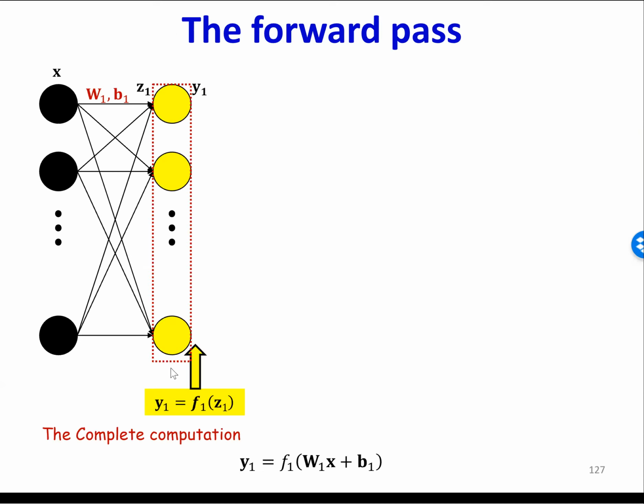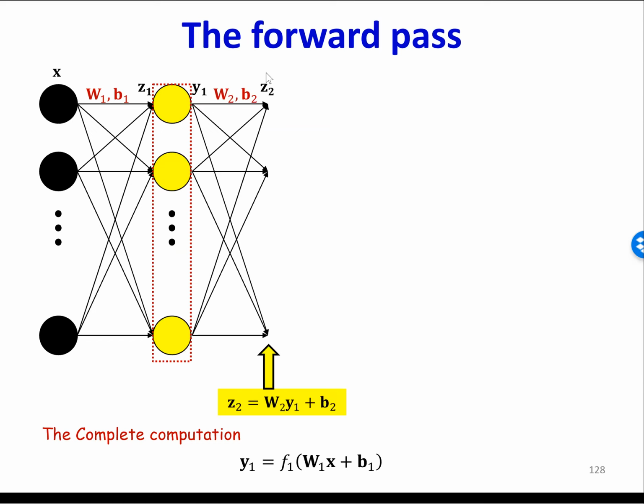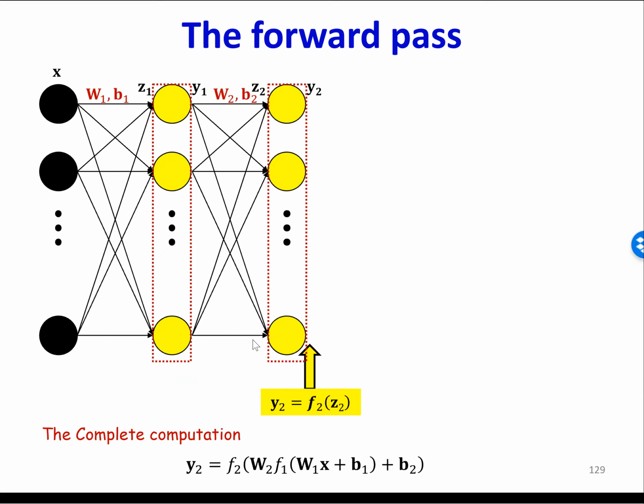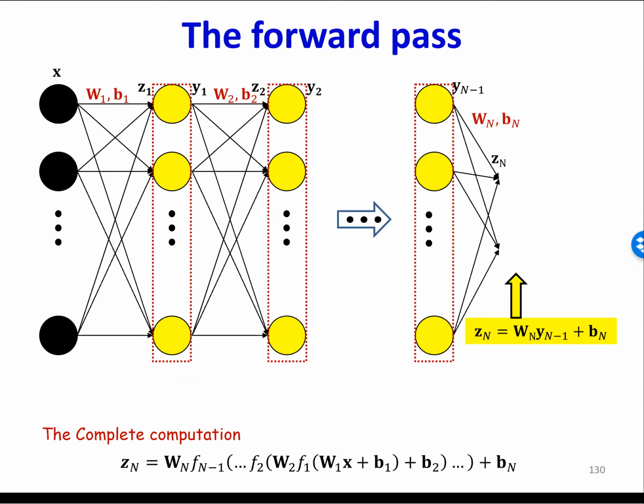Subsequently, you get the affine vector z_2 at the second layer using the same affine formula, where y_1 is multiplied by the weight matrix of the second layer, and then you add in the bias vector of the second layer. That gives you the affine vector at the second layer, and from that you compute the output of the second layer by applying the activation of the second layer, and so on all the way to the end.